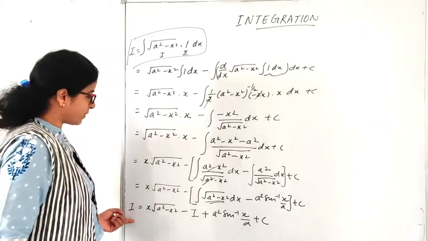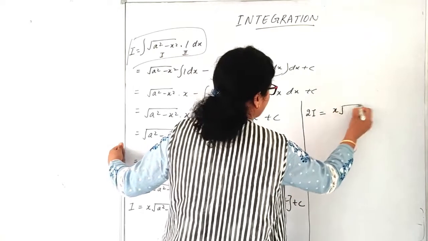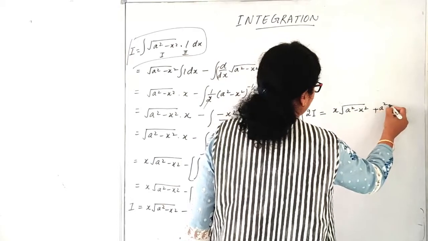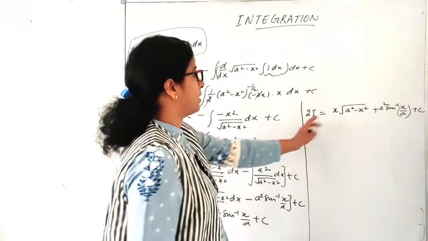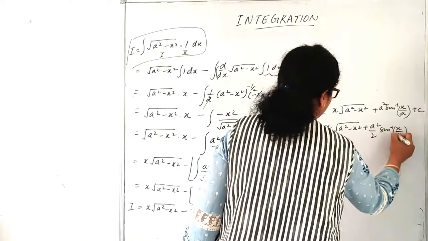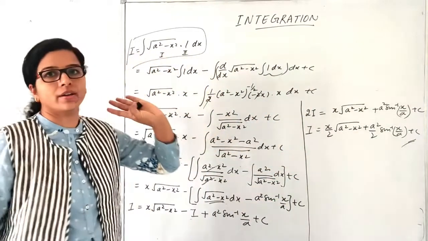Now this I will come this side, 2I is equal to x root a square minus x square plus a square sine inverse x by a plus c, right? Divide by 2. So this is the required formula for this integrand.